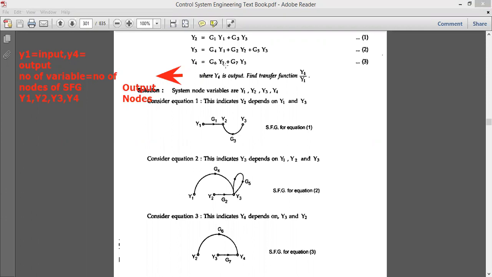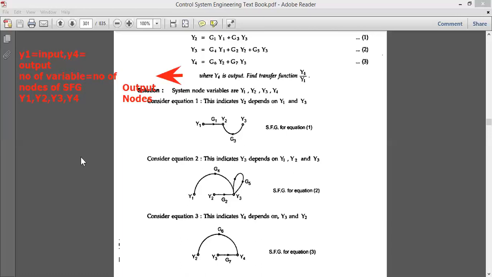You should draw a line from y2 to y4 and from y3 to y4. From y2 to y4 the coefficient is g6. Then from y3 to y4 the coefficient is g7. In this way we draw the signal flow graph.